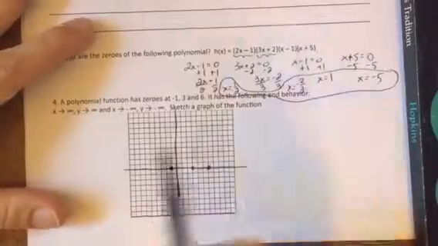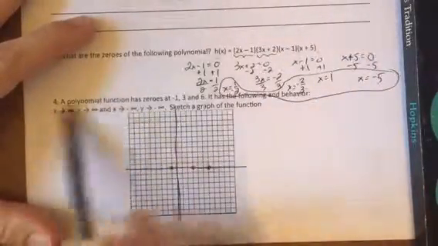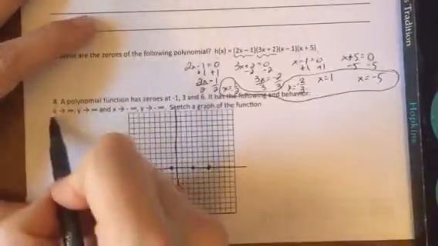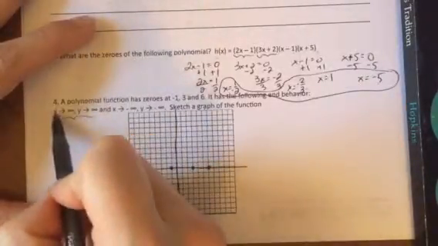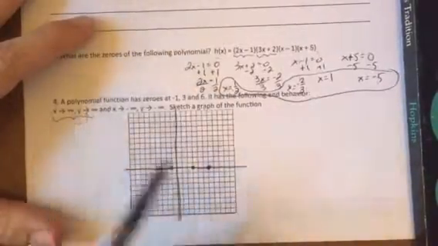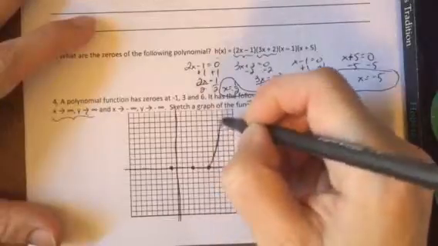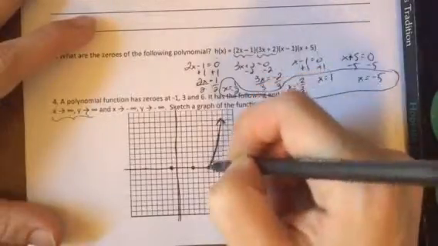So what we need to do then is look at the end behavior to tell which one it does. And this end behavior right here says, as x goes to positive infinity, that means to the right, y goes to positive infinity, and that means up. So I know I'm going to have a graph that goes up like this from there.